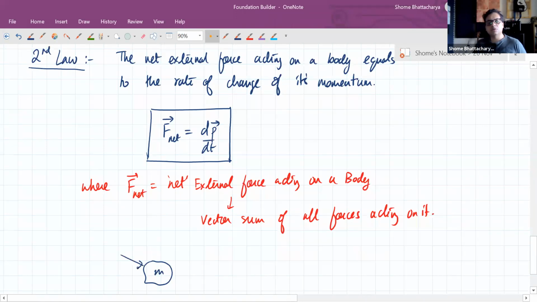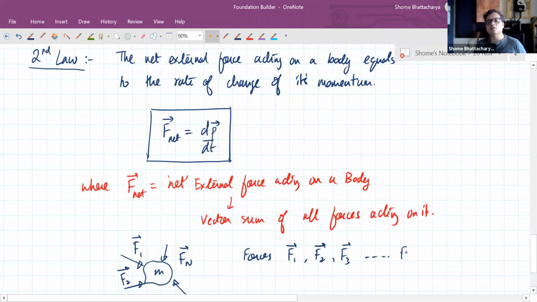Now on this body there are a number of forces acting: f1, f2, f3, like this, going up to some n number of forces acting on the body. Then we define the net external force as the vector sum of all the forces acting on it.